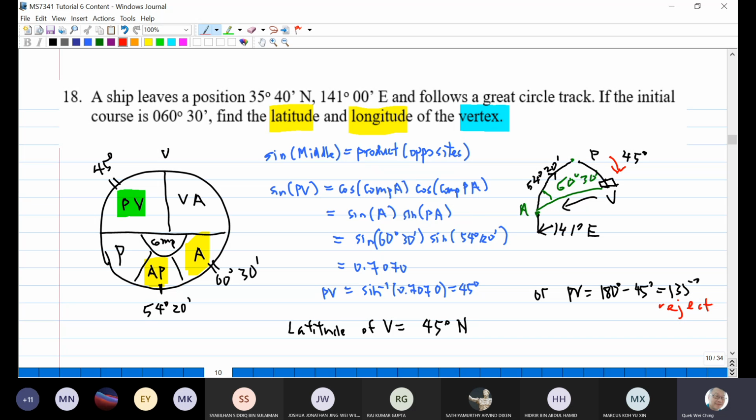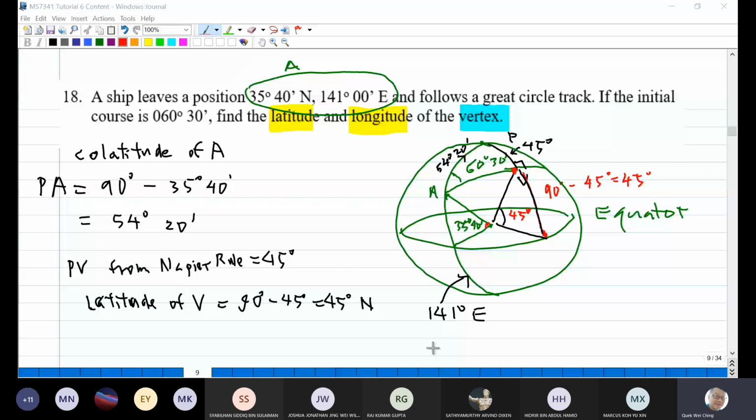Okay, now I want to calculate the longitude now. So let me WhatsApp this to you first, okay? Maybe after a while I forgot to WhatsApp this to you. So I go back to the earlier page first and WhatsApp this to you first. I think it's easier to get reference in this way. Okay, then the next page here.